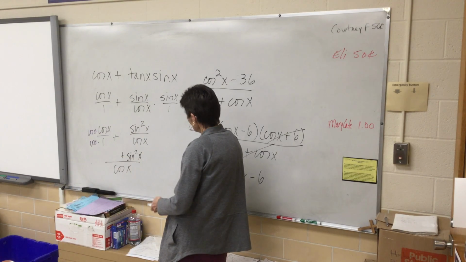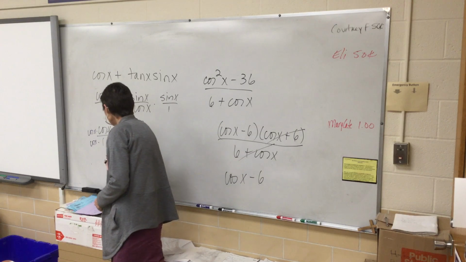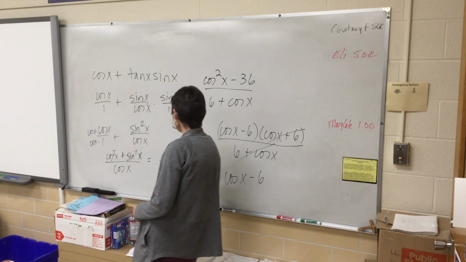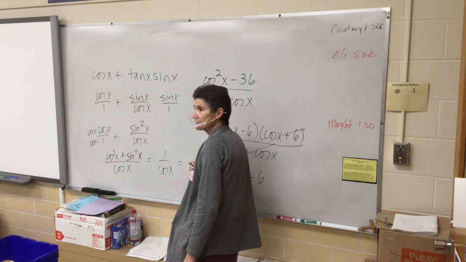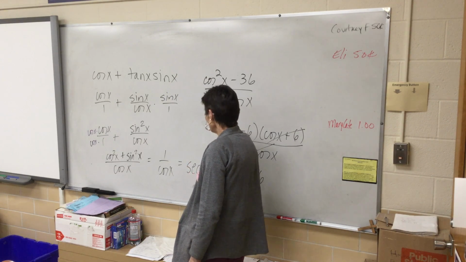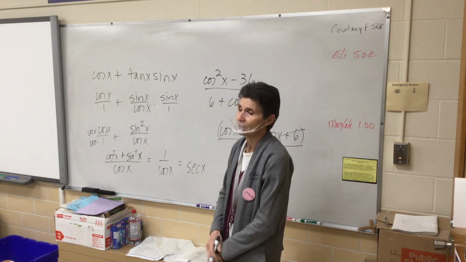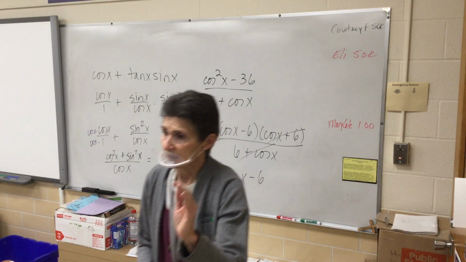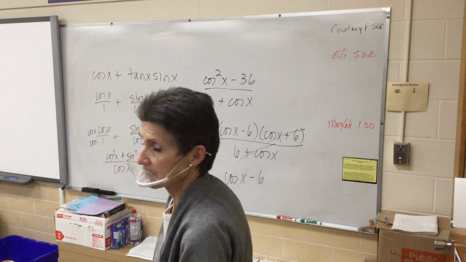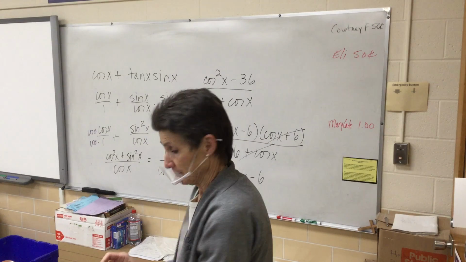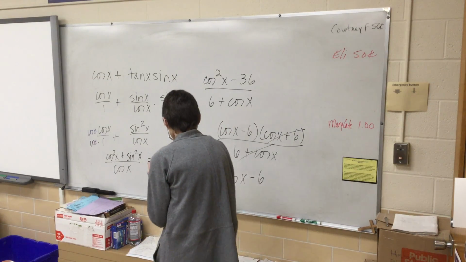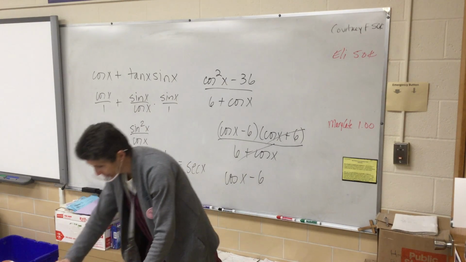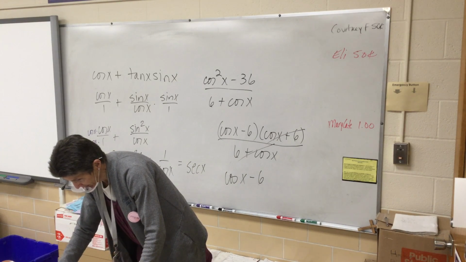So now we have cosine squared over cosine, which is 1 over cosine, which is secant. Remember, the co's always go together. So cosine goes with secant, cosecant goes with sine. Right? Okay. All right, so that's what we need to know when we come in tomorrow to take our test.